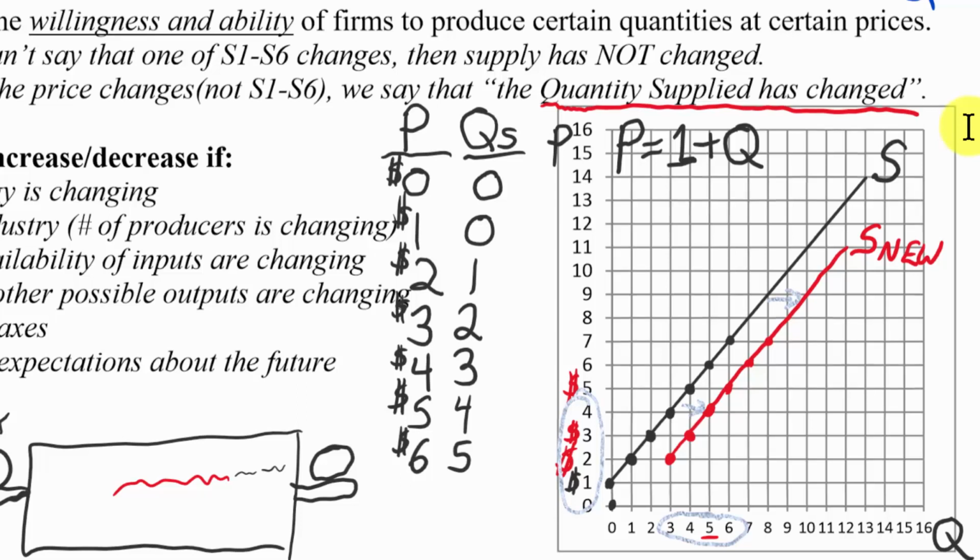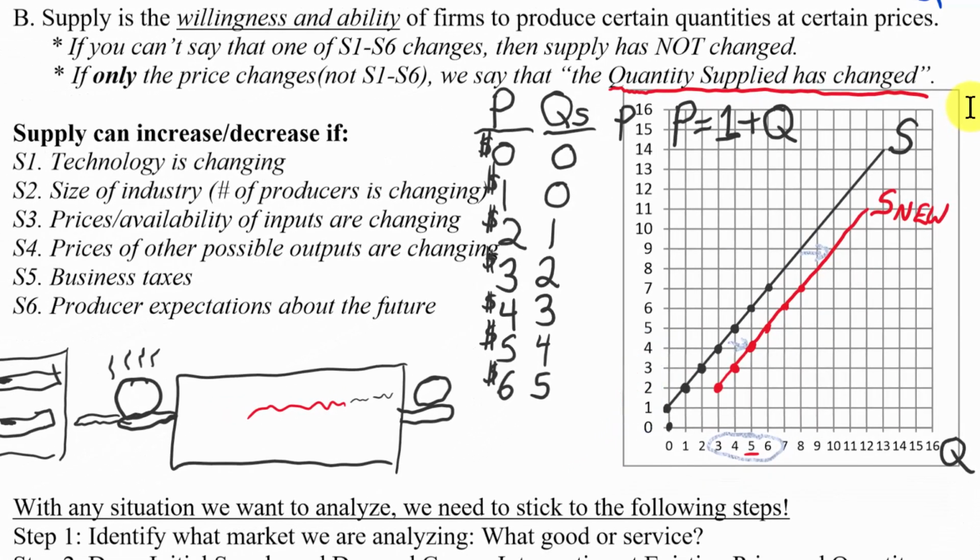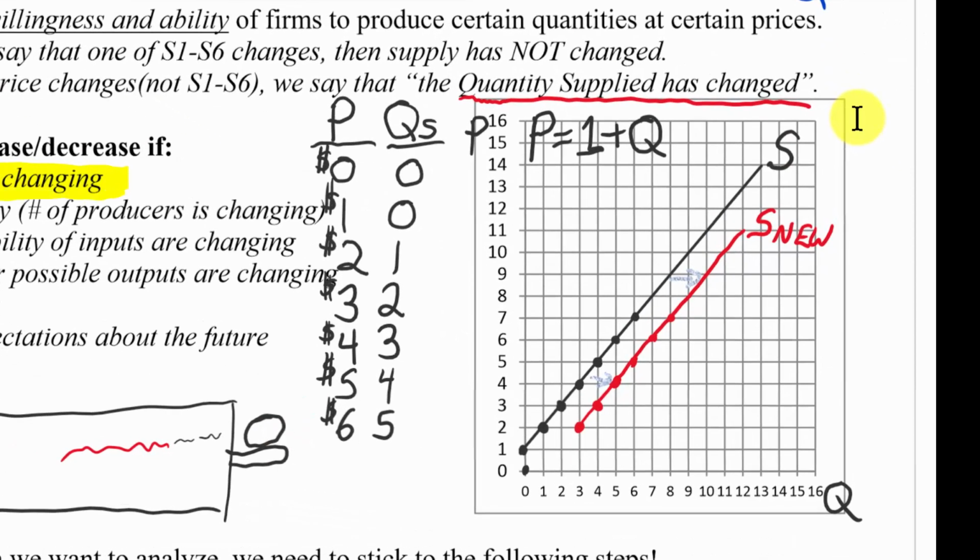Now, the opposite could happen. We could have a restaurant that already had one of these cool ovens, but then it breaks. So we could have technology changing, but it could be changing for the worse. Or we could have a case where businesses had good technology, and then this technology is outlawed.